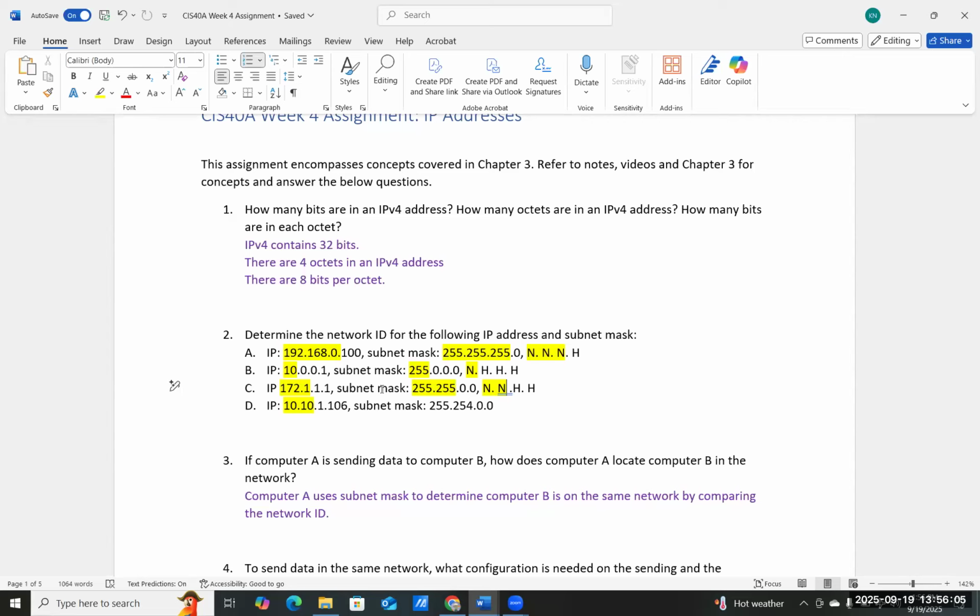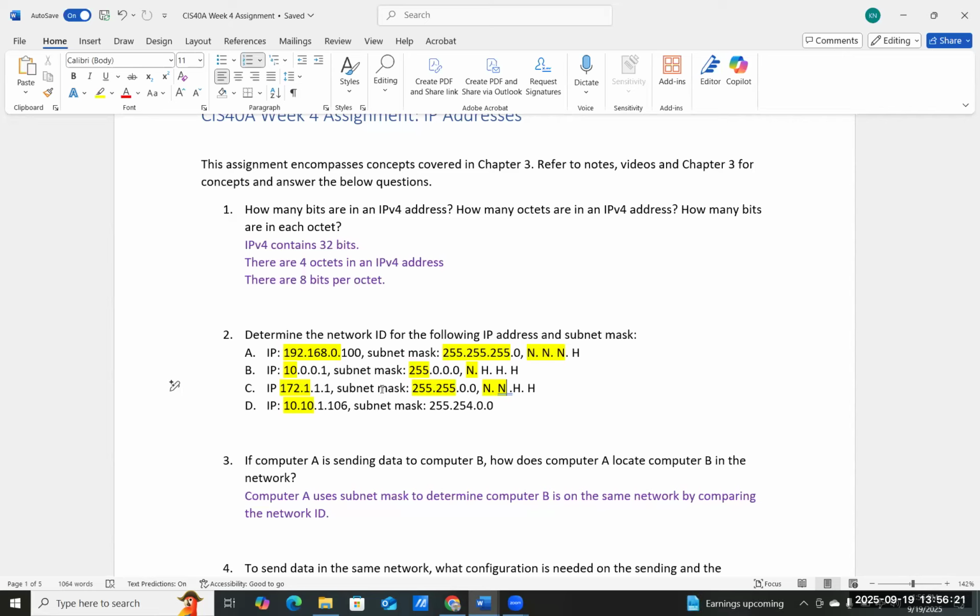Remember that this is a class A by default right here. But what if I ran out of IP addresses, or what if I want to design it where I can have a lot more IP addresses, I can borrow into the next octet.